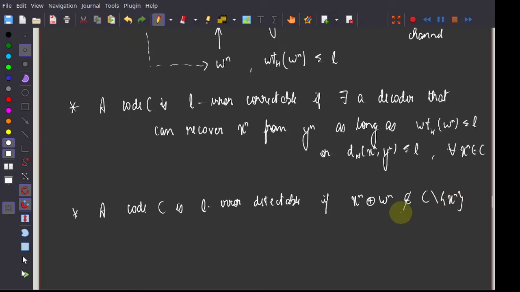If I add a wn, then it does not result in any other code word as long as the weight of wn is less than or equal to L.